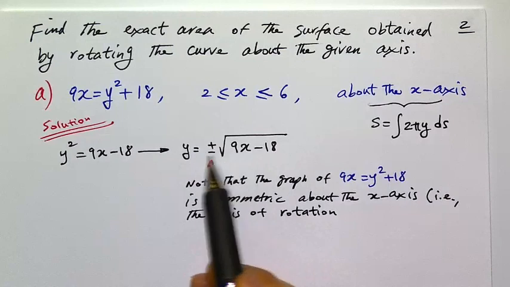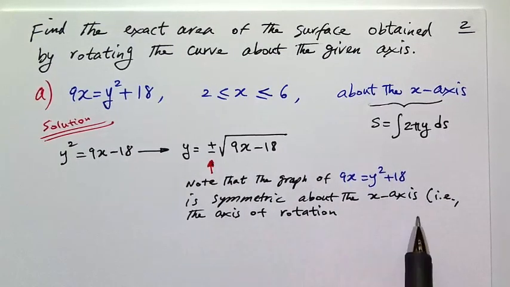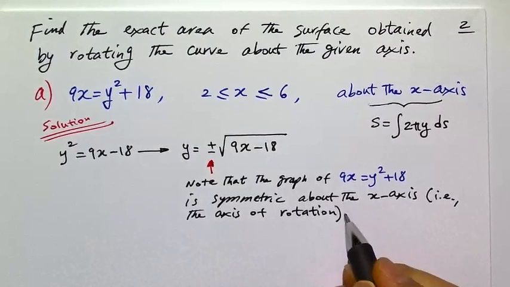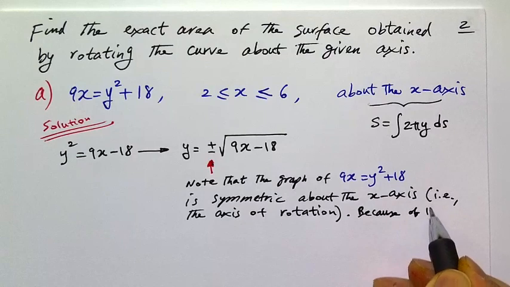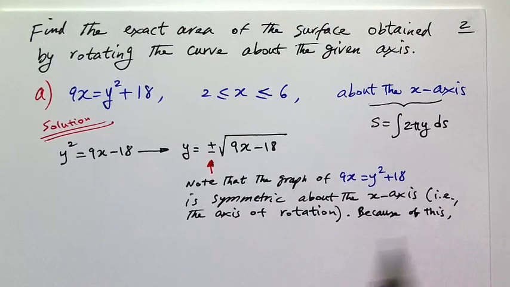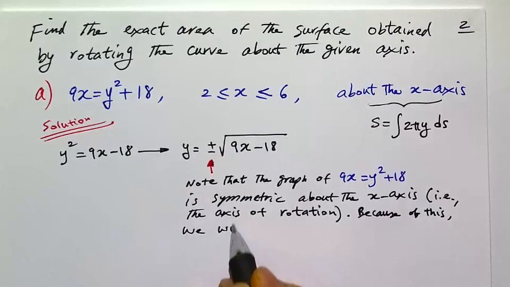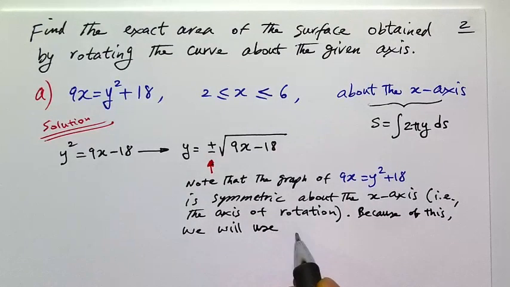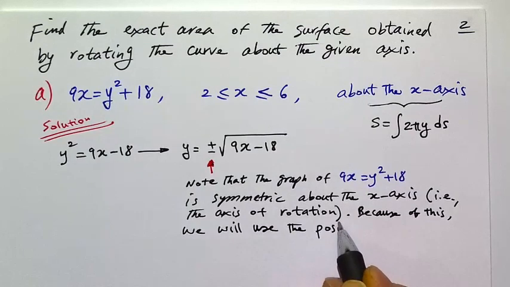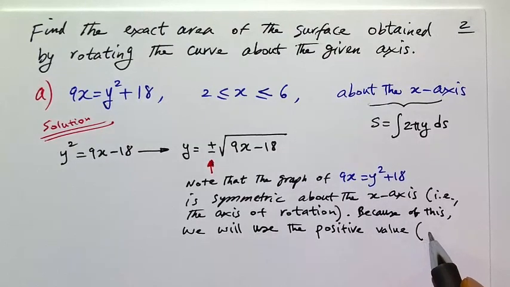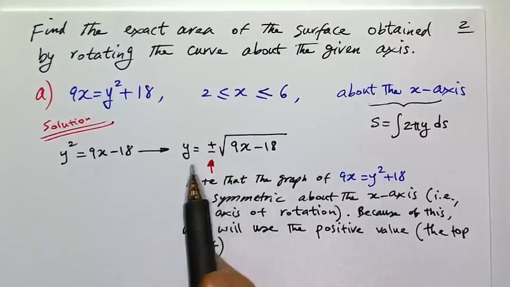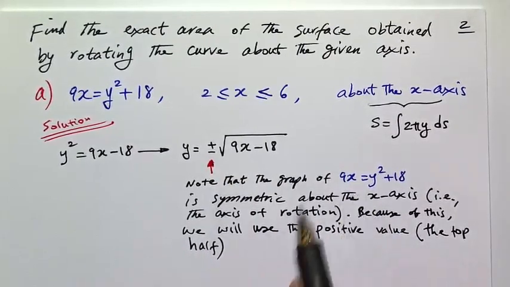We'll just use the positive portion of this, because of this we will use the positive value, and this would be the top half of that graph when you graph this on the computer, the top half for the rotation.